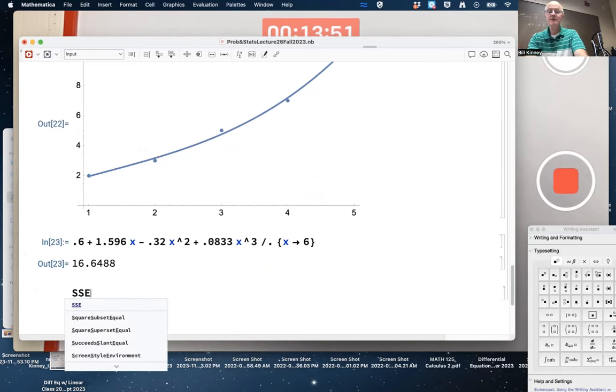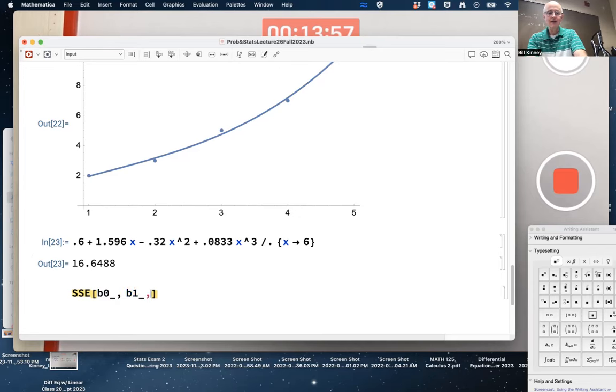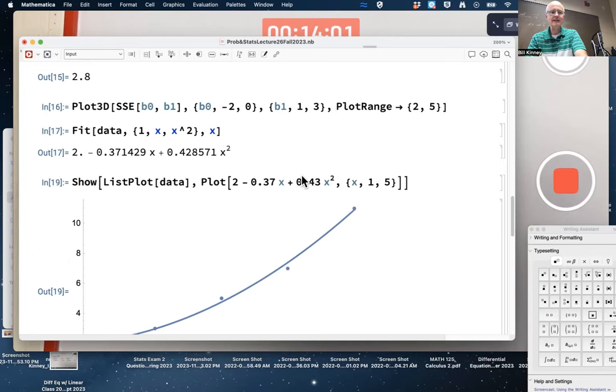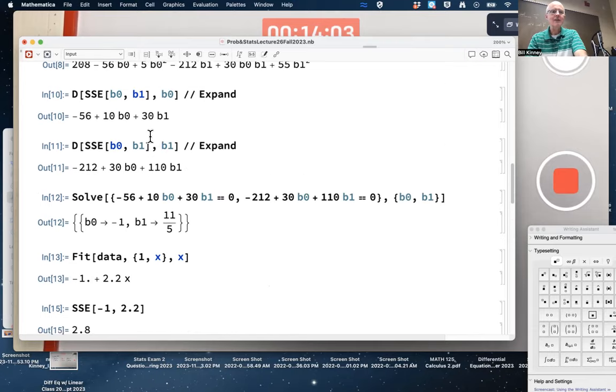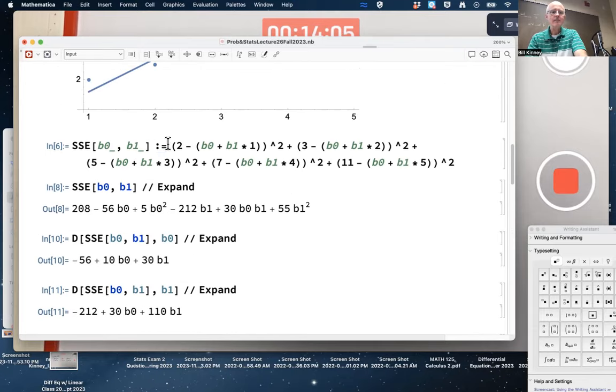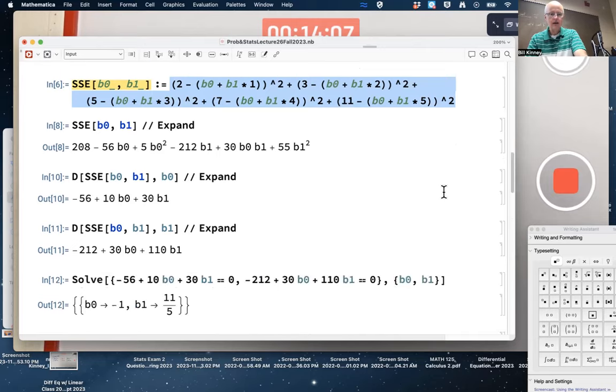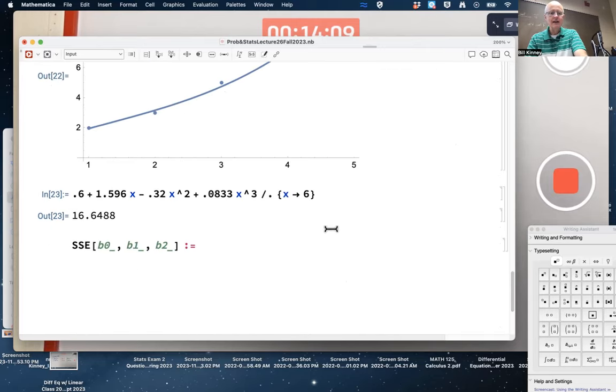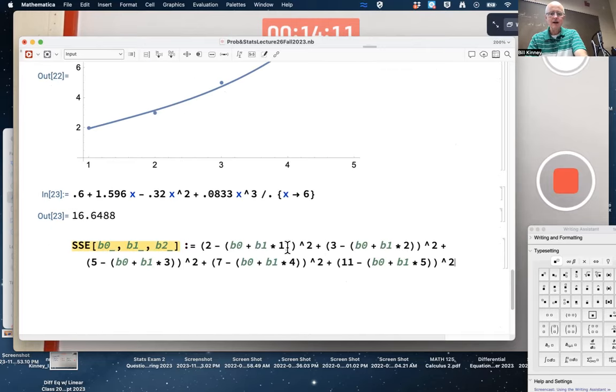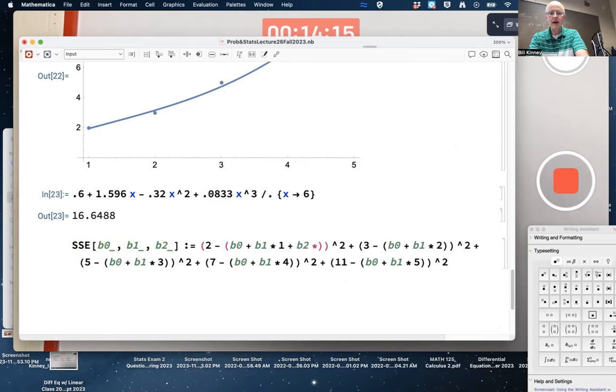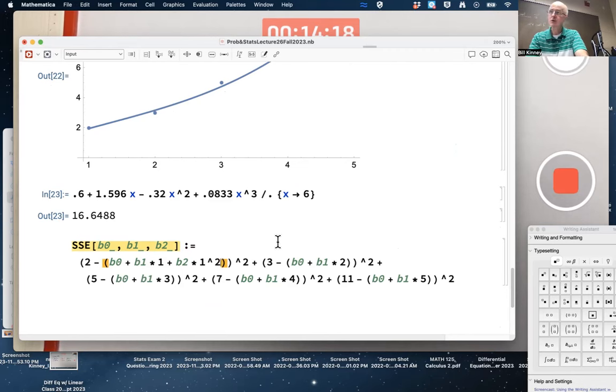It can be thought of in terms of SSE. I'm going to define a new SSE, say for the quadratic one, to be similar to this old SSE, except, where is it? Up here. Except I need plus B2 times 1 squared and 2 squared and 3 squared and 4 squared and 5 squared as well.